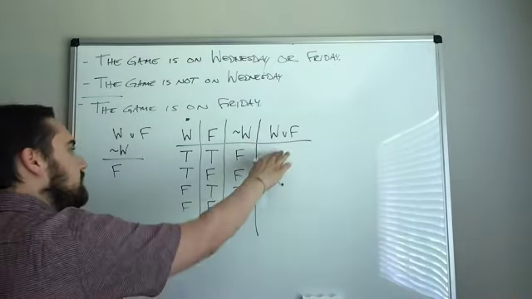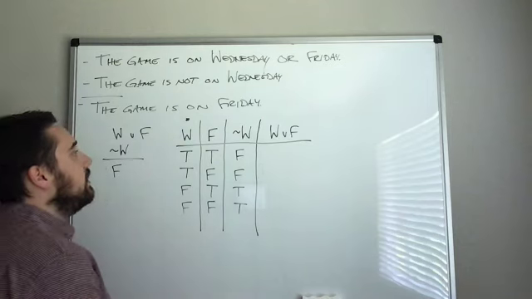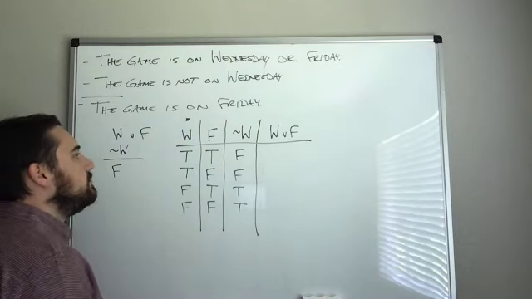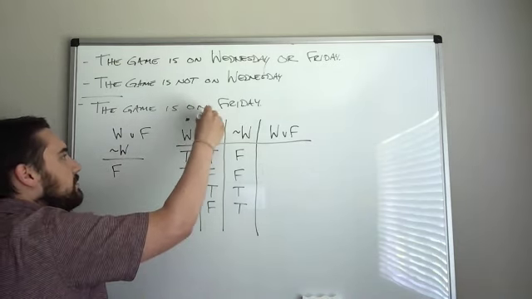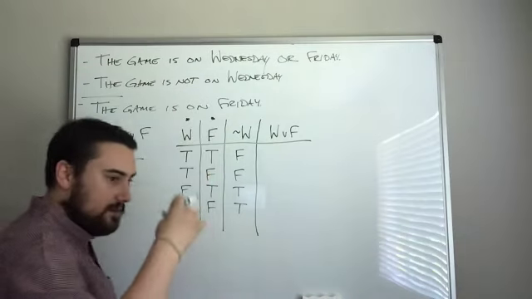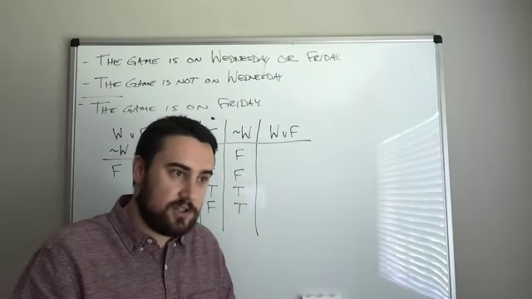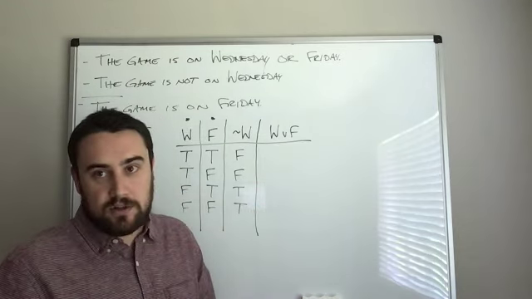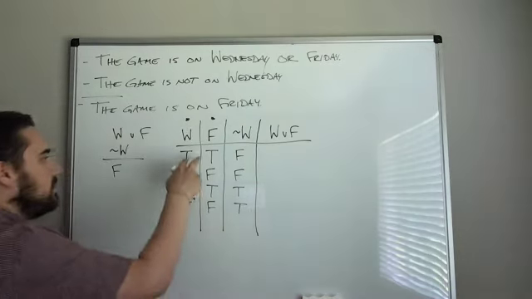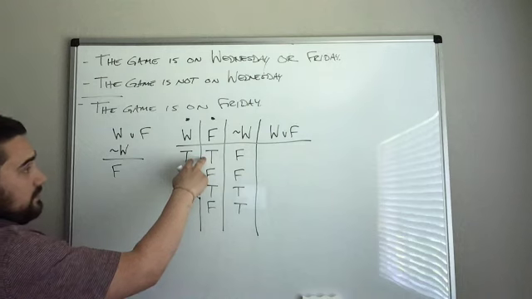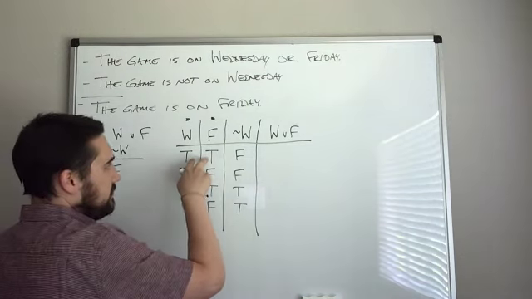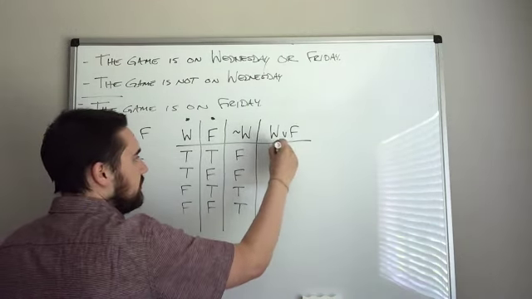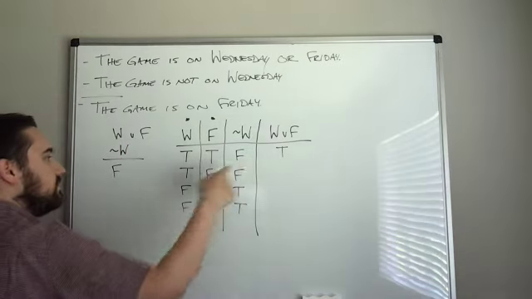Now we have to determine the truth values for the disjunction in the final column. We're going to look at the column for W and the column for F. And remember, the rule is that the disjunction is true whenever one or both disjuncts are true. So in the first row, we have both true disjuncts, so we know that this disjunction is true.